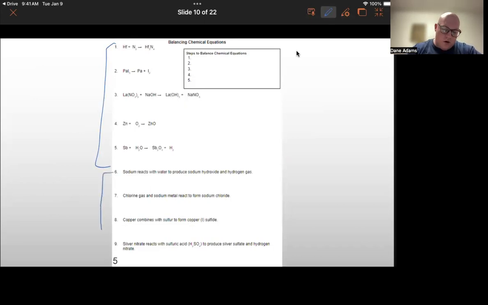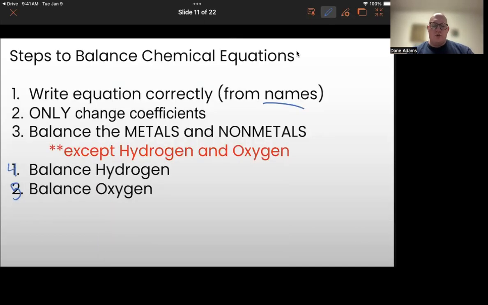But down here, you'll start to see, oh, I don't have symbols yet. I have to go from word to symbol. So that's really the first step, but we'll get to that. We already have a symbolic equation, so that's good. Step 2 is, again, that big reminder: don't mess with subscripts. Only change coefficients.